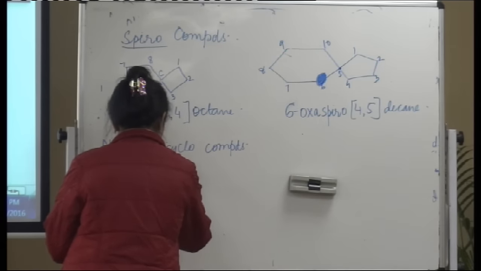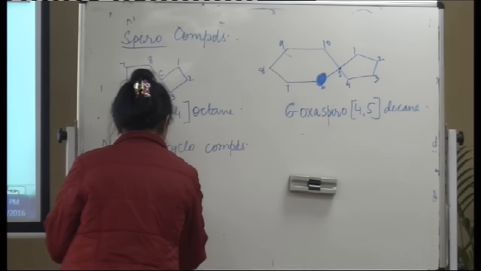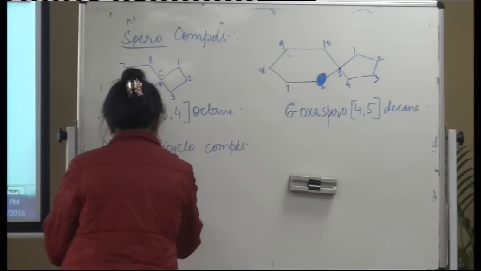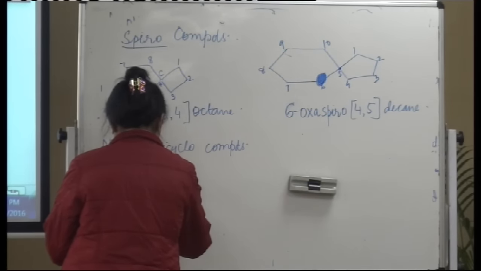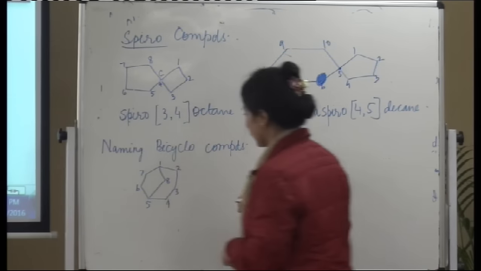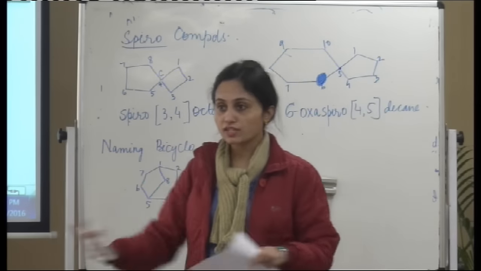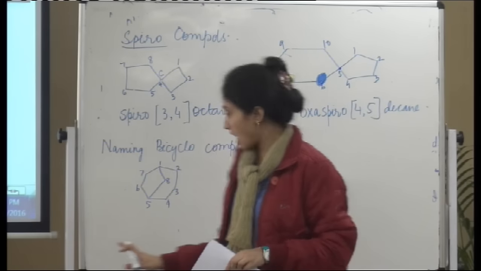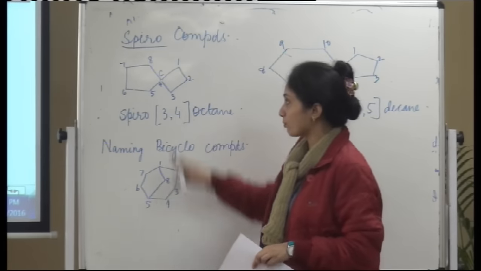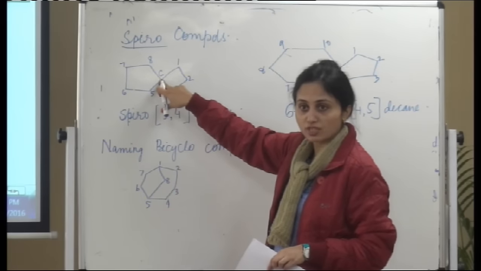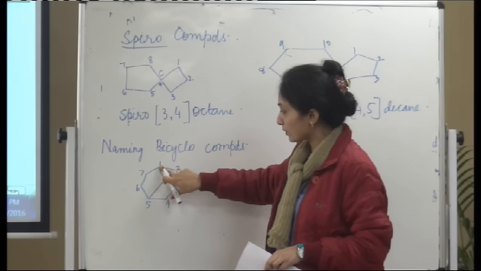Say 1, 2, 3, 4, 5, 6, 7 and then you have 8. Bicyclo compounds are the ones which do not have a single carbon common point, but rather they have some kind of a bridge getting formed. Now here in the spiro case, this was the only carbon that was a common link. Here you have two common links.